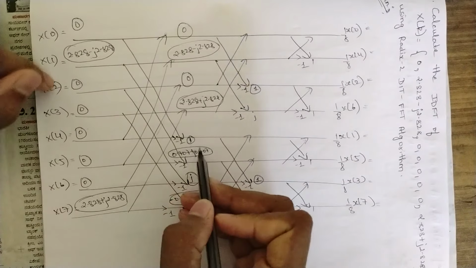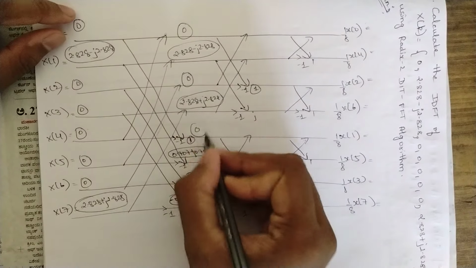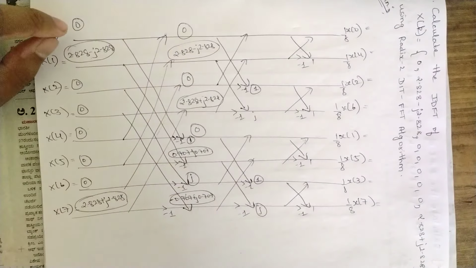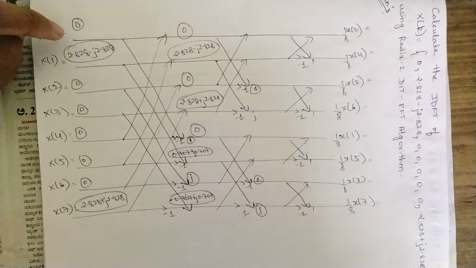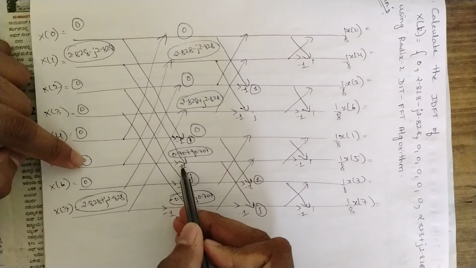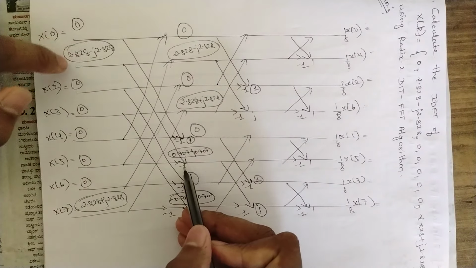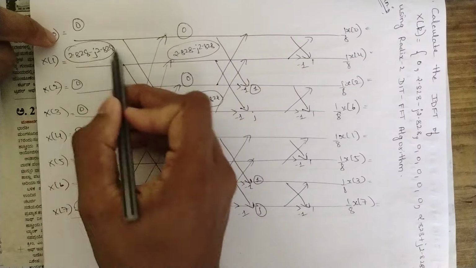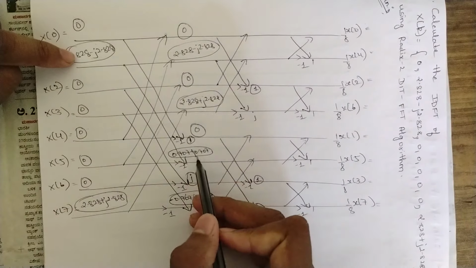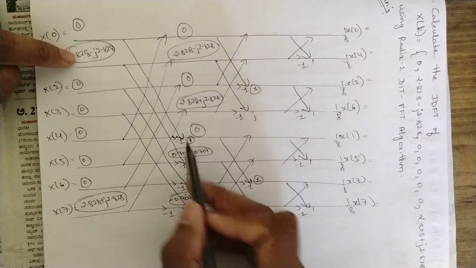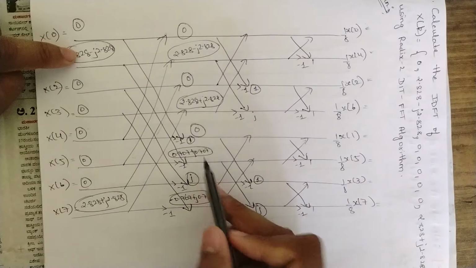Whatever answer we get, that into 1, so that is again 0. Then 0 into minus 1 is 0 and this term. Okay, 0 into plus this term, so this term into whatever we have here, that we should multiply, right? So these two terms we should be multiplying now.